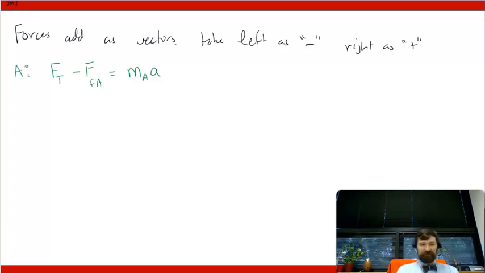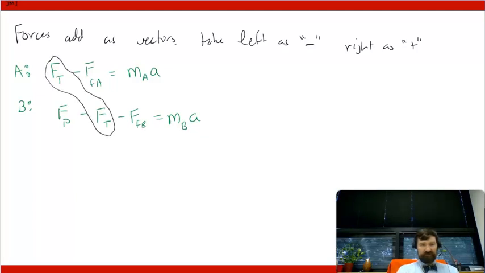So these are the forces on A. And for B, we have the pull force to the right, tension to the left, and friction to the left. So this becomes mB times acceleration. And notice that the acceleration is the same in both. So let's note that tension is the same in both equations. Acceleration is the same in both equations.